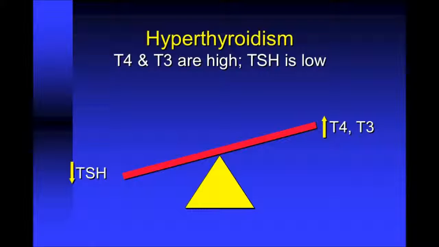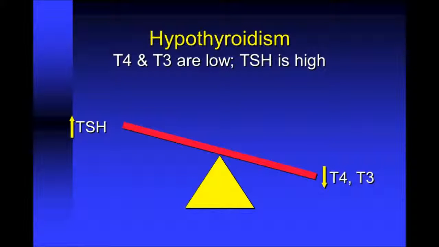In hyperthyroidism, as the T4 and T3 end of the teeter-totter go up, the TSH level declines. In hyperthyroidism, the excess hormone causes the pituitary to decrease the production of TSH in an attempt to decrease the production of thyroid hormone by the thyroid gland.